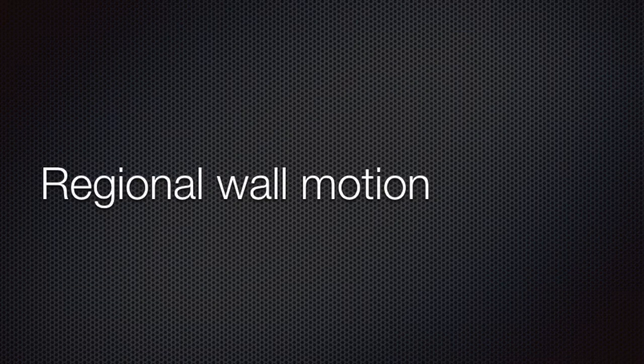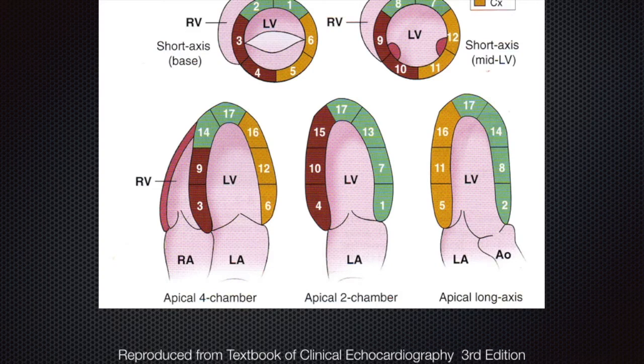Okay, so that's looking at the general effectiveness of the left ventricle to pump blood during systole. But remember we talked about different blood supplies to the various parts of the left ventricle. This is a diagram taken from the textbook of clinical echocardiography. At the top, you can see the short axis view through the mitral valve and the papillary muscles, and also the apical 4-chamber, 2-chamber, and it says apical long axis here, which is actually the same as apical 3-chamber.